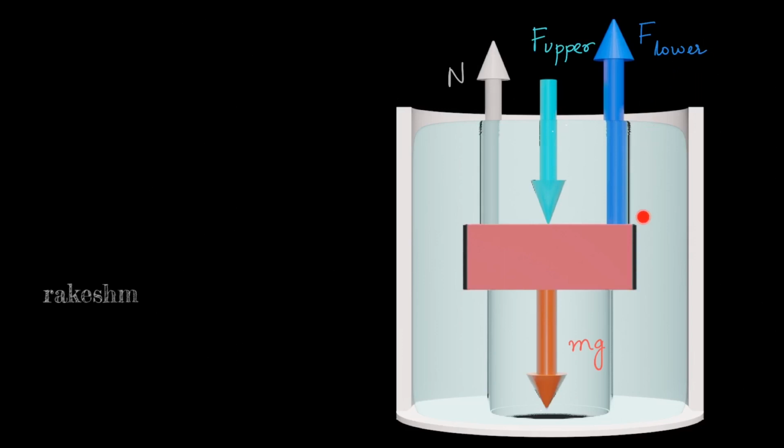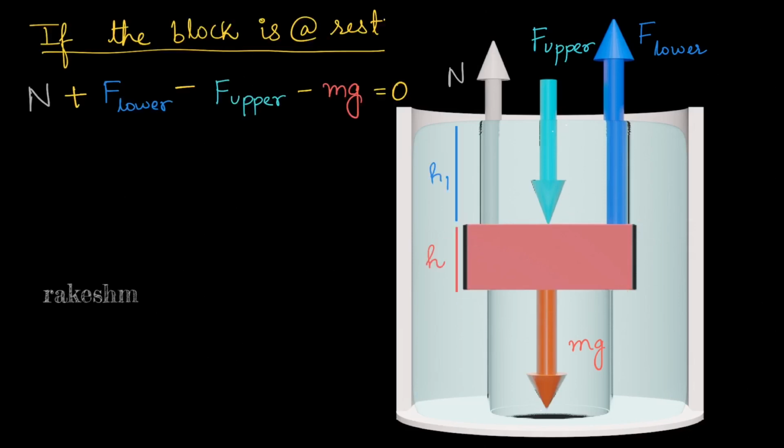These two together will be the net force exerted by the liquid on this block. If the block is at rest, the net force on the block is 0. So the normal reaction plus F lower minus F upper minus mg equals 0.